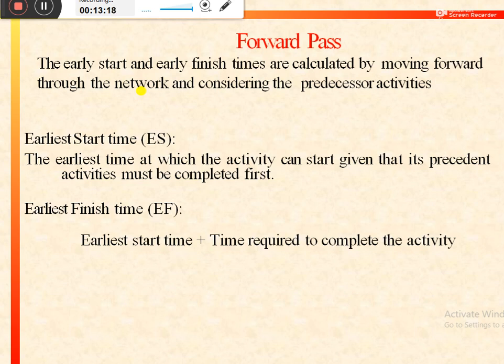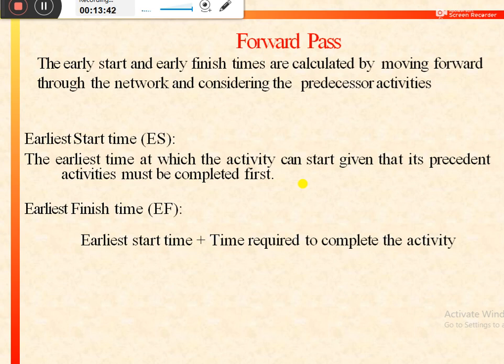The earliest start time is the earliest time at which an activity can start, given that its preceding activities must be completed first. Only after that can we start the activity.